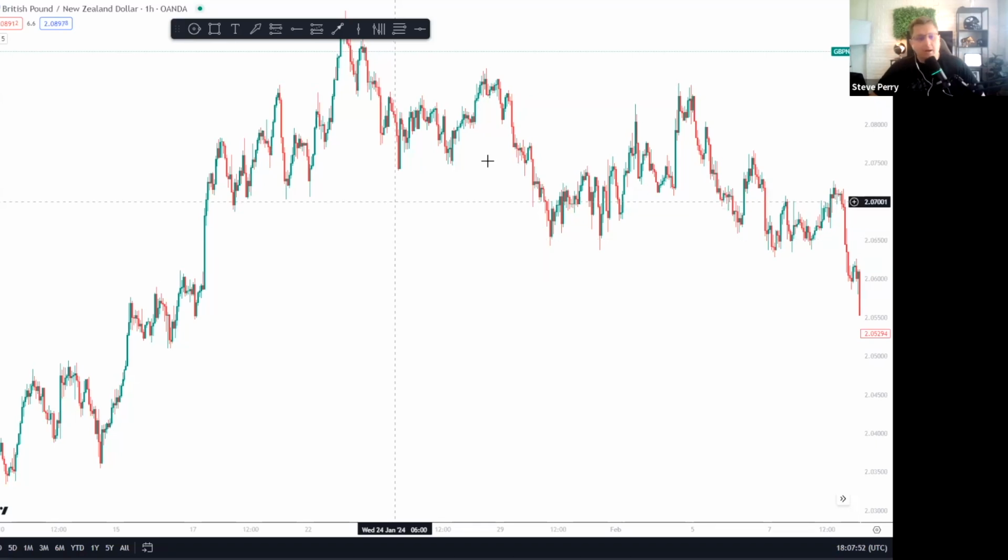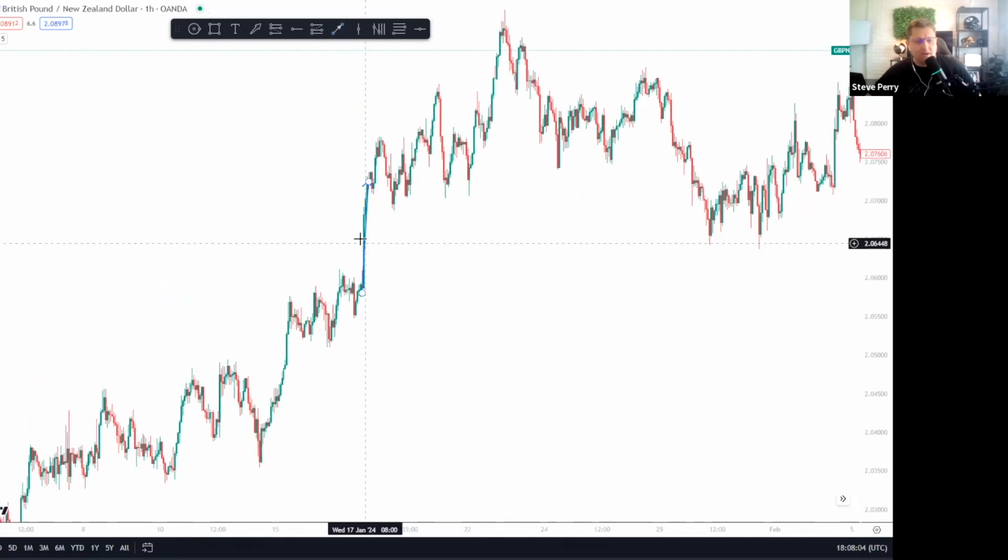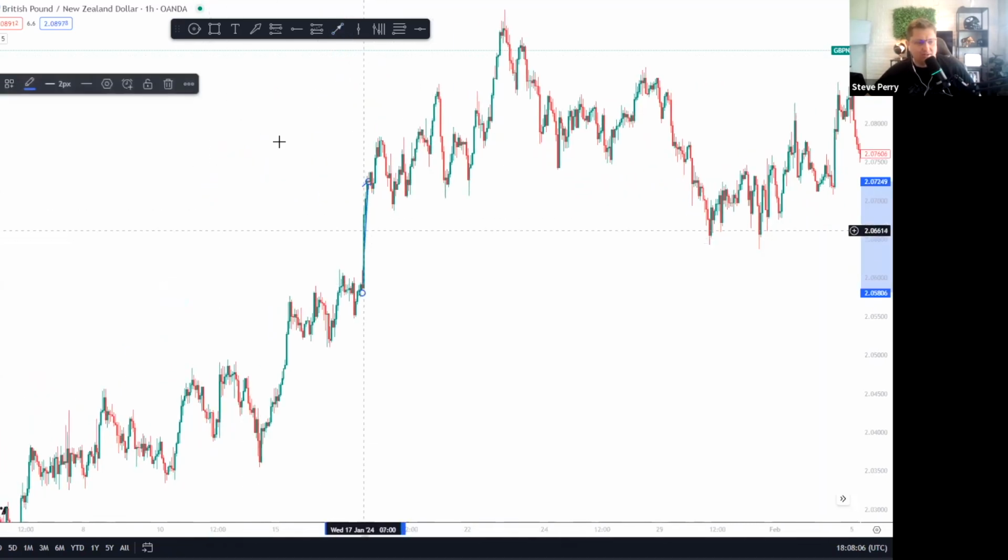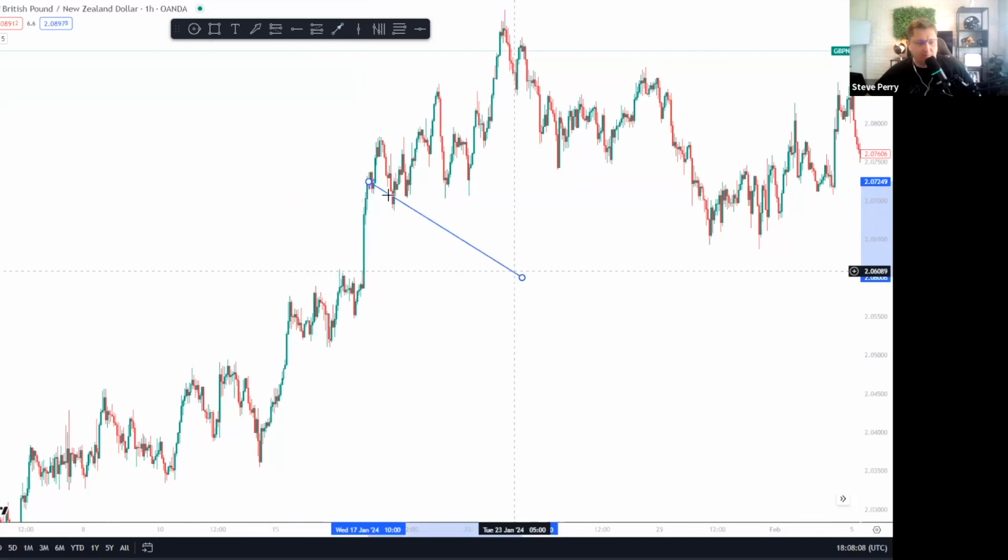So during contractions is when most of the trading actually takes place. During expansion phases like this, how many of us are actually going to be at the chart right when that happens, right? Not very likely. It's very difficult.